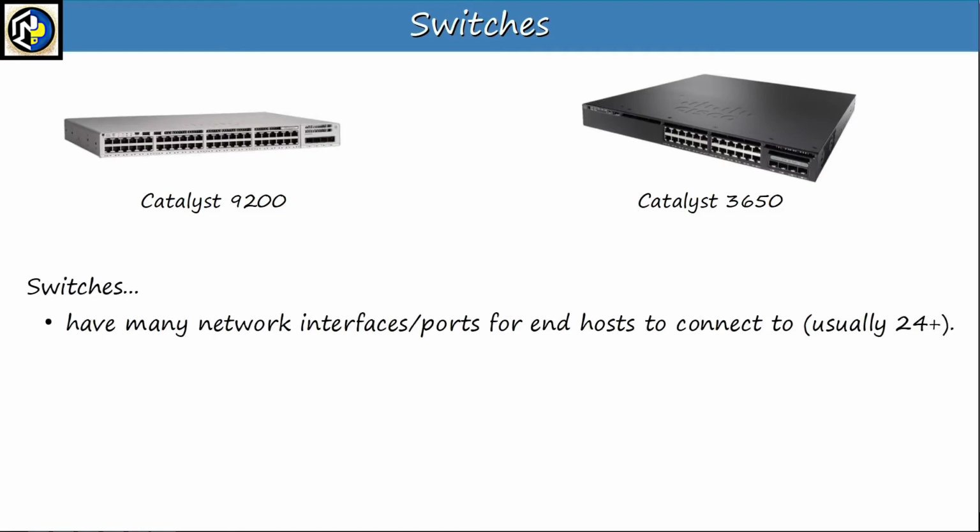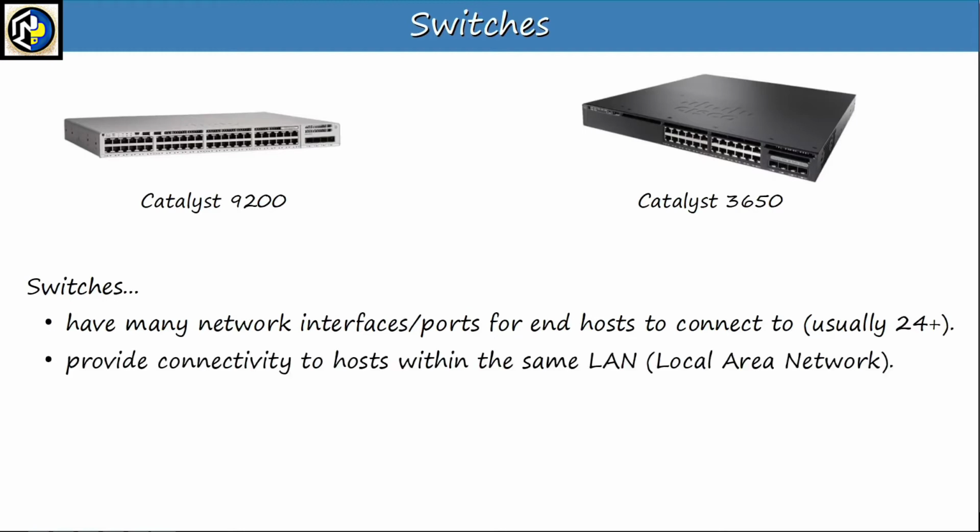Now, let's review some characteristics of switches. Switches have many network interfaces or ports for end hosts, such as PCs, to connect to, usually 24 or more. Switches provide connectivity to hosts within the same LAN, meaning local area network.